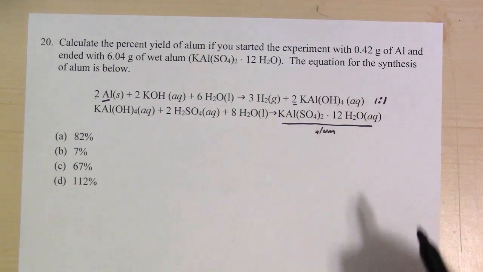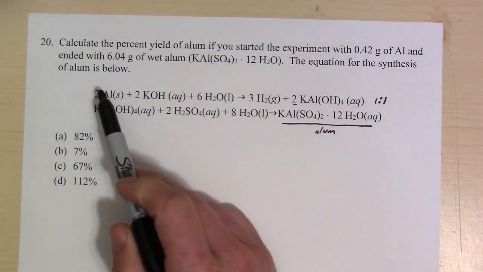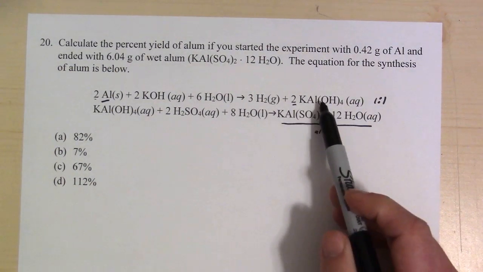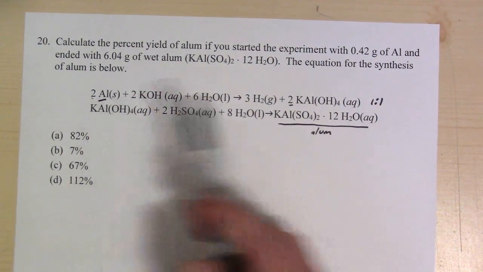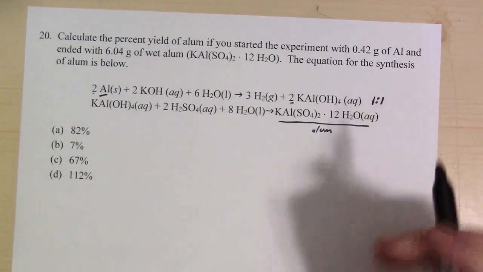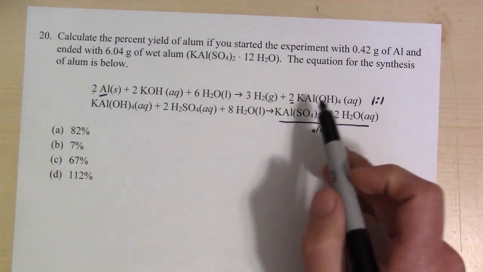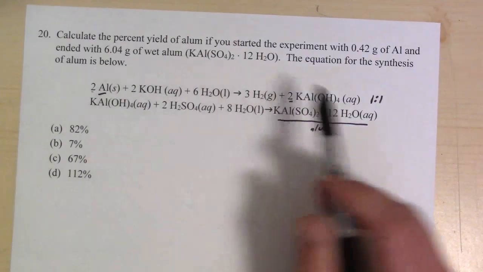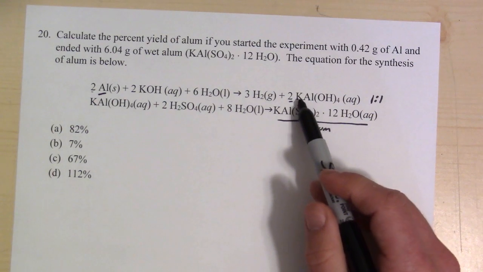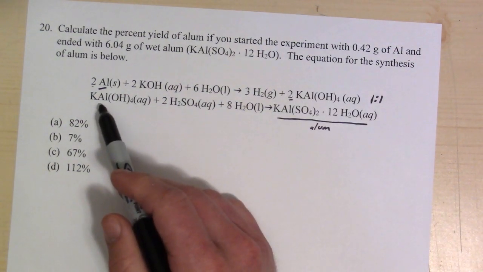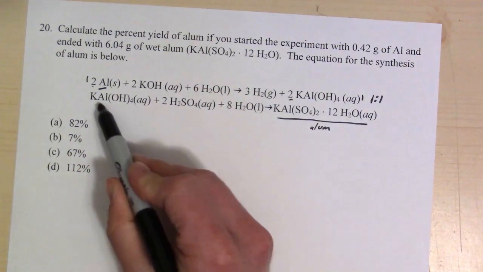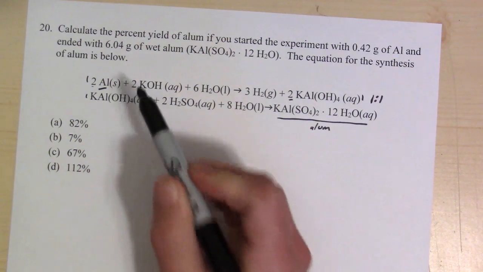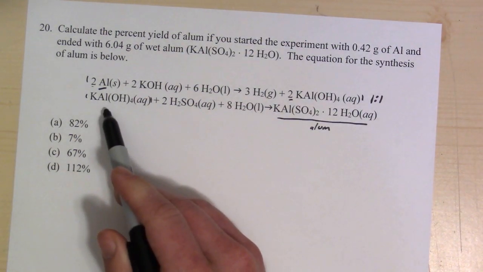So there's the stoichiometry of the starting material to the product that we're concerned with here, because it's the one that's carried over into the next equation. The stoichiometry there is 1 to 1. So when you add aluminum, you get potassium aluminum hydroxide. That's what's put into the next equation. So effectively, this whole first equation can take the place here of this potassium aluminum hydroxide.